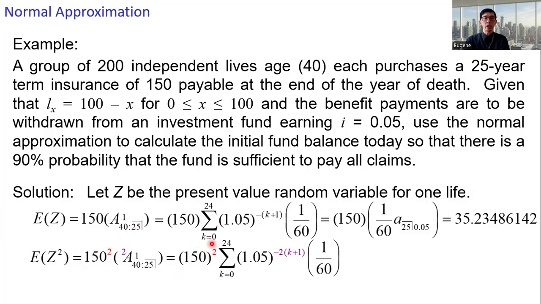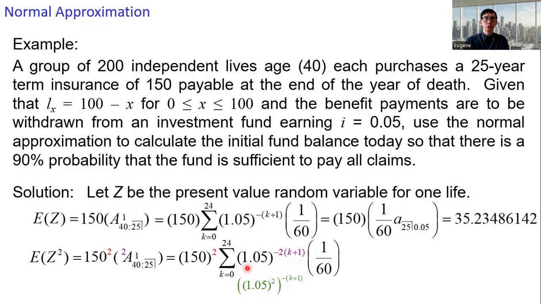In the expression, we square the death benefit amount, and then change the delta to 2 delta, which corresponds to v squared. And the term 1.05 raised to the power minus 2 times k plus 1 can be rewritten as 1.05 squared raised to the power minus k plus 1.